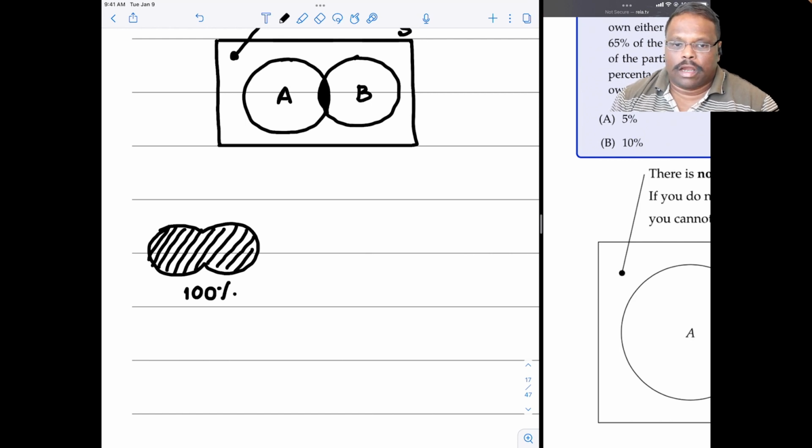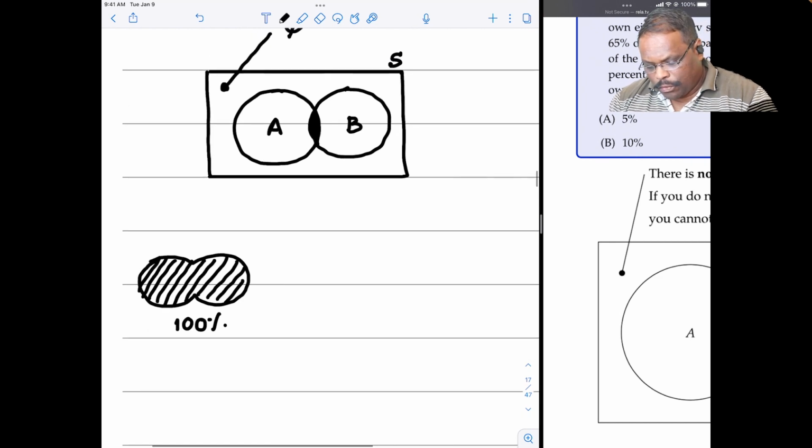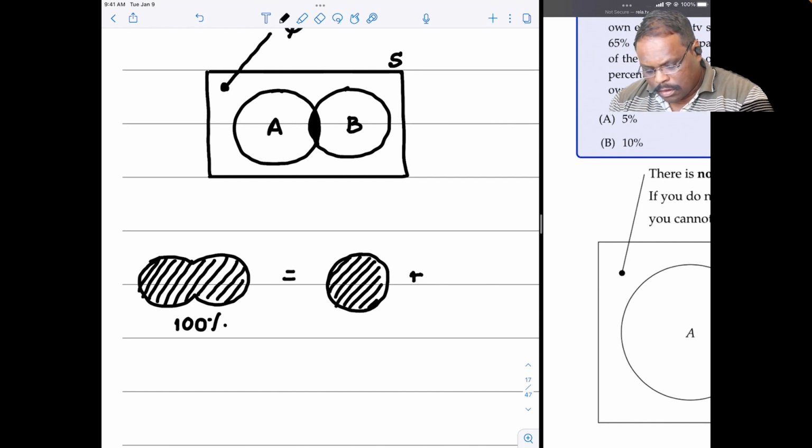There is no such thing, at least for this particular situation. Now, if you start adding the area, this area which I have shown you as shaded, we can calculate that by adding this area.